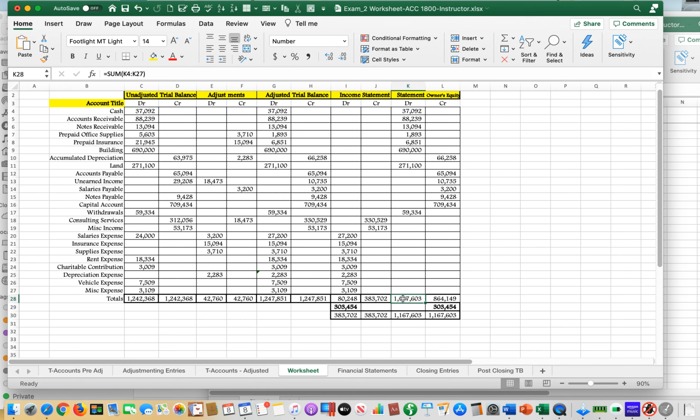You bring down the larger number, 1,167,603, and then whatever it takes to get from 864,149 to 1,167,603, you add that. And it should match what you did on the other side. If it doesn't, you made a mistake. These numbers match. See that? They match.